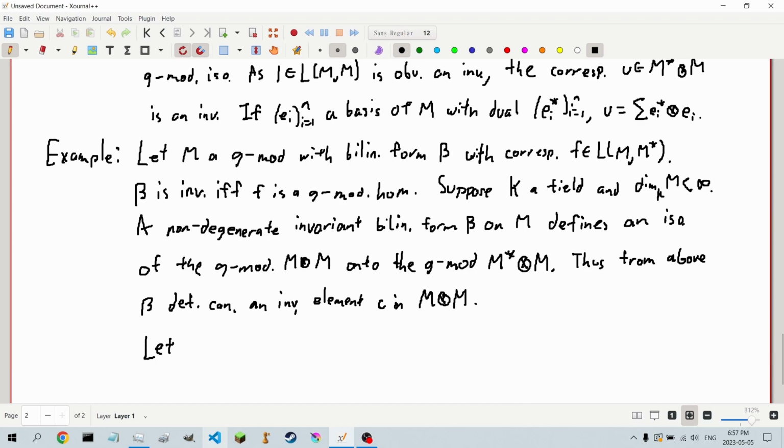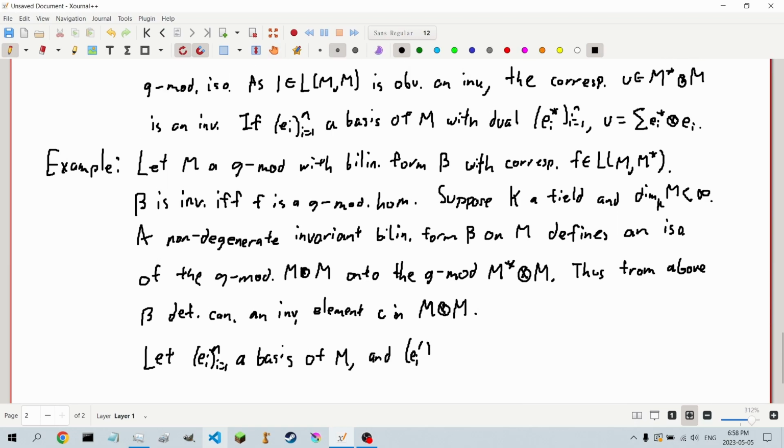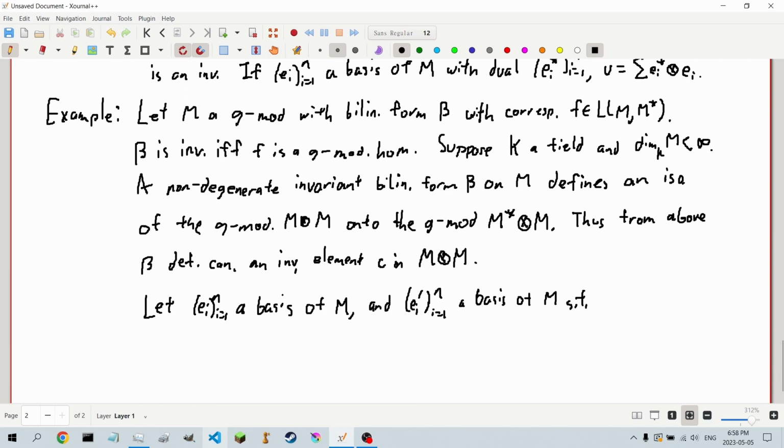Let e_i be a basis of M, and we're going to let e_i prime be a basis of M such that beta of e_i and e_j prime is 1 if the indices match, and 0 if they don't.